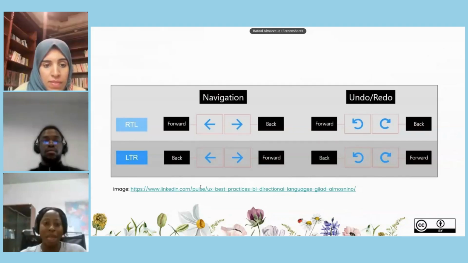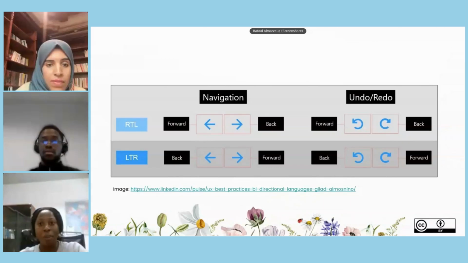But if you decide to flip, change it to right to left so that the user reads it from right to left, without also capturing the interactions behind this button, you could see that for a right to left speaker, if it clicks on the forward button, it's going to get an interaction that goes backward.